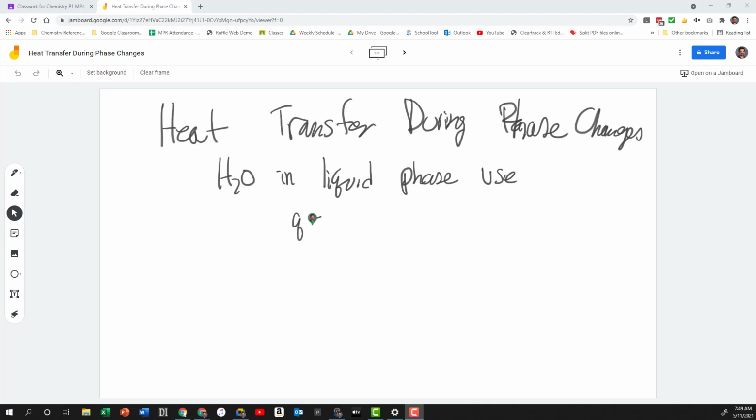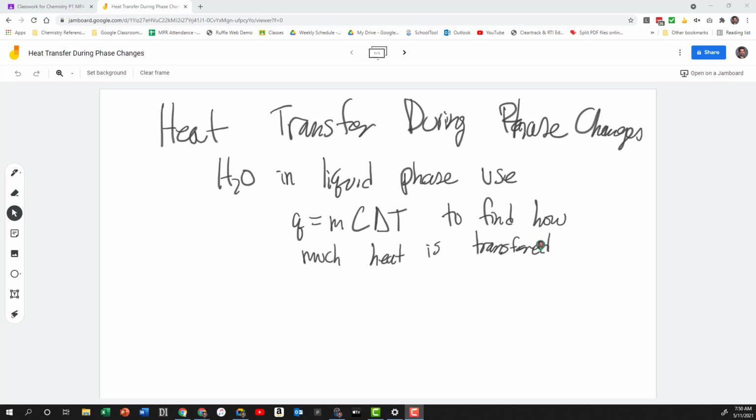We use Q equals mass times the specific heat, and then the change in temperature. And when I say heat, I mean heat energy. All right.